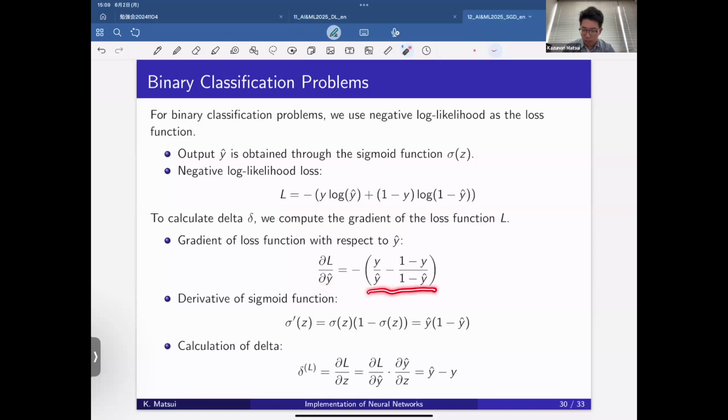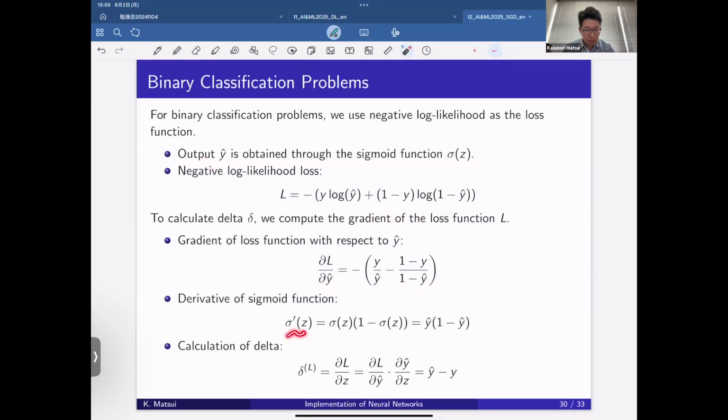Since y hat is sigma of z, the derivative of y hat with respect to z becomes sigma prime z.